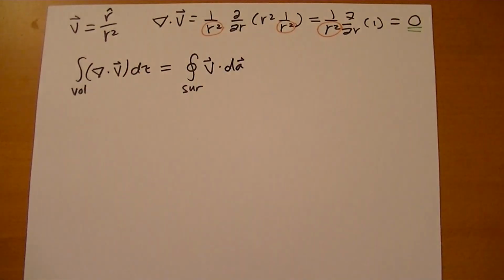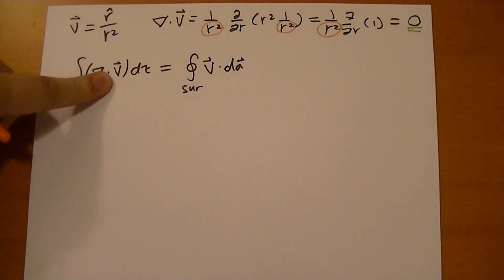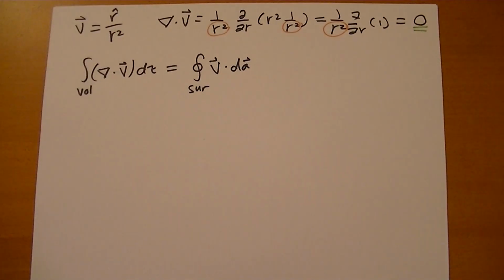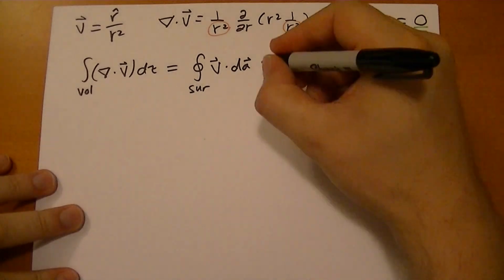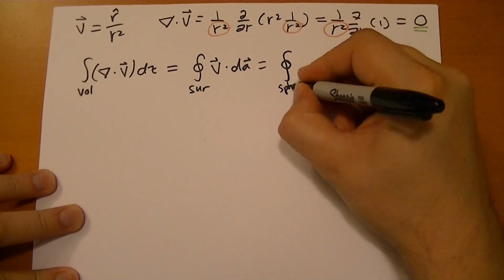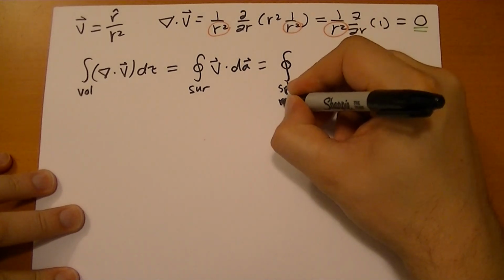Okay. So obviously this is supposed to be 0 because the divergence is 0. So if we consider a sphere centered at the origin with the radius r, then this formula becomes much easier to write.